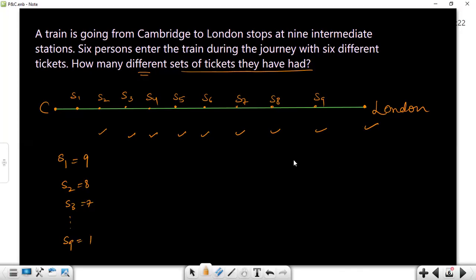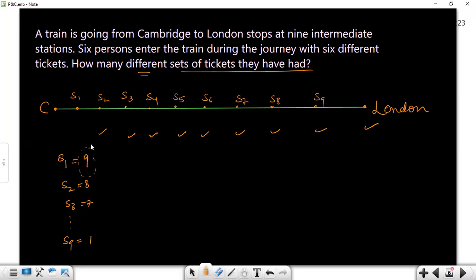Okay. So hence it is clear that now we know if there are 9 stations available, then if you are going to buy a ticket from S1 station, then you can buy a ticket for S2, S3 or S4 or S5 or S6 or S7 or S8 or S9, or for London. So you can buy a ticket for 9 different stations, right? So how many tickets can be bought from the S1 station? 9 only.